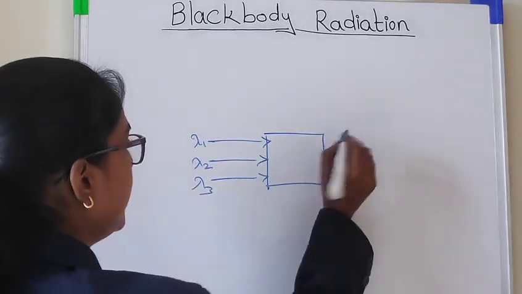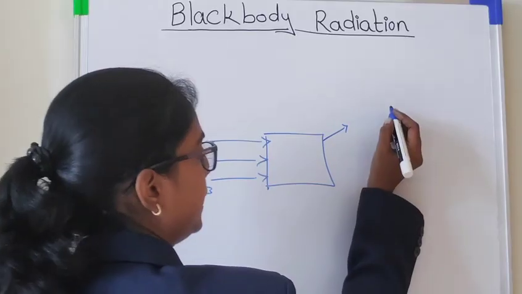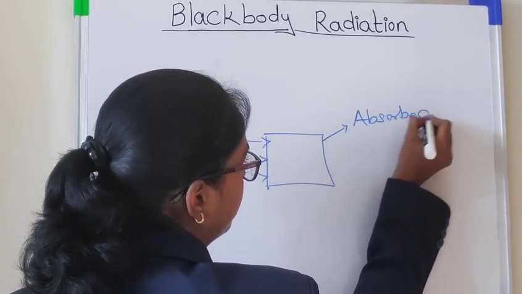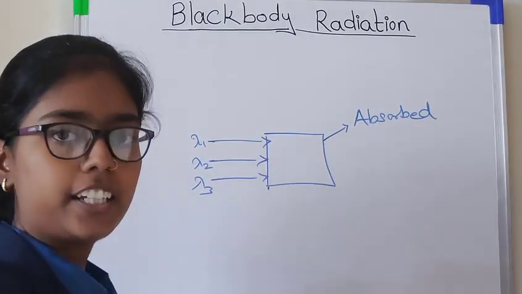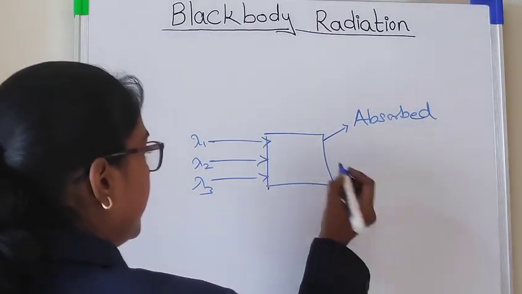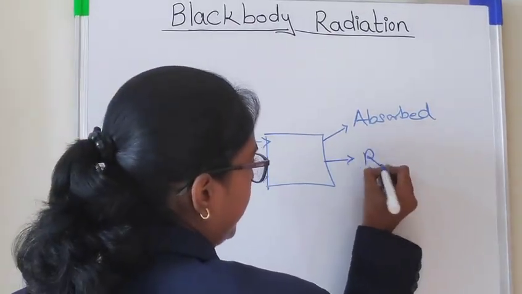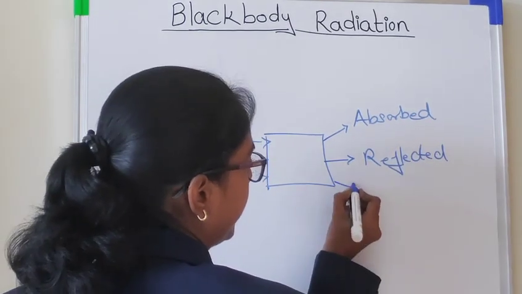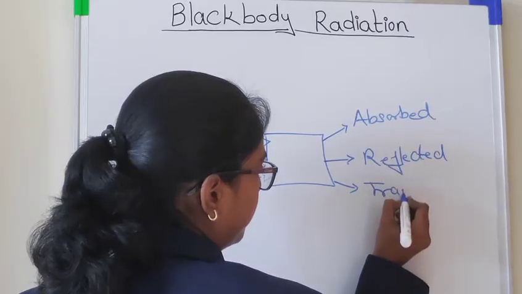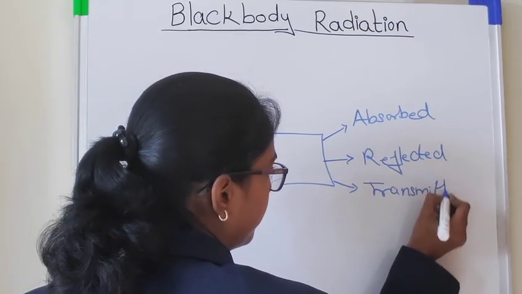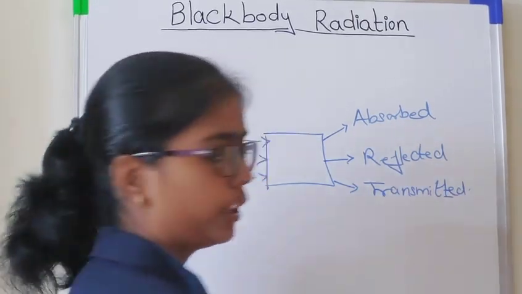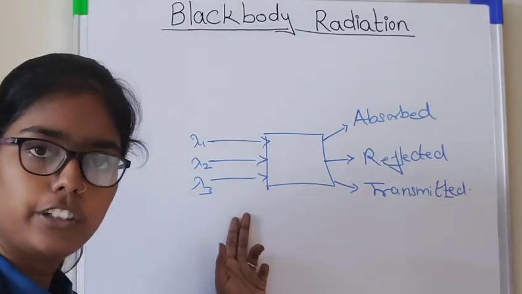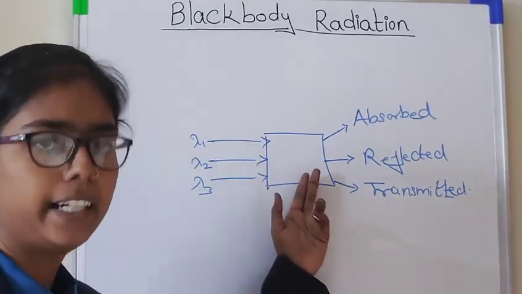The first one is some light gets absorbed. Few radiations get absorbed, few radiations get reflected, and few radiations get transmitted. The white light, which consists of many radiations of different wavelengths, is incident on the matter.